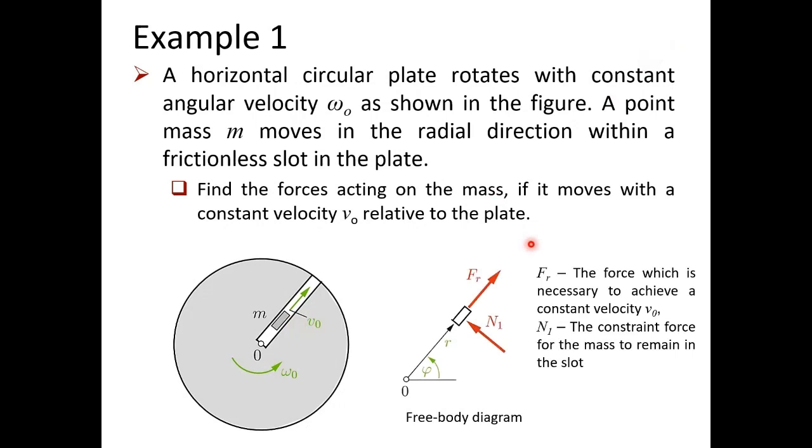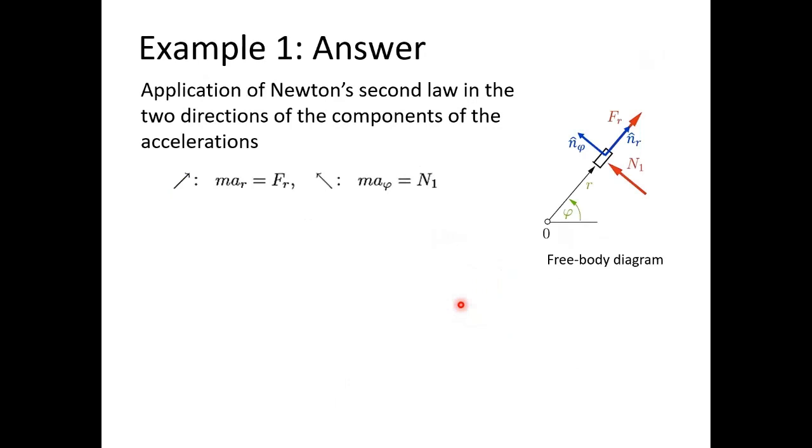So the forces will be, obviously it has to be downwards, but we can represent it in the opposite direction and we'll get a negative value if we are wrong. And there are two force components and two directions as usual, and we can write down equations by applying Newton's second law in the two mutually perpendicular directions.